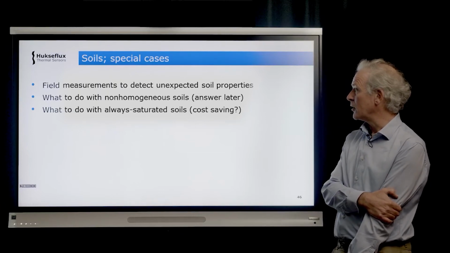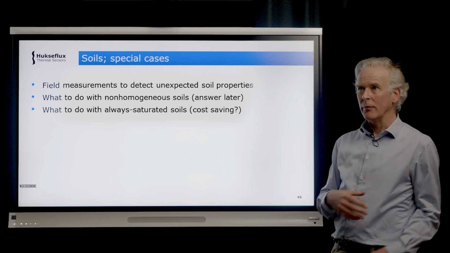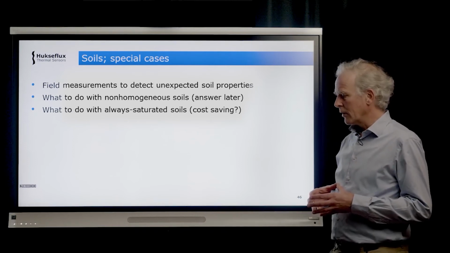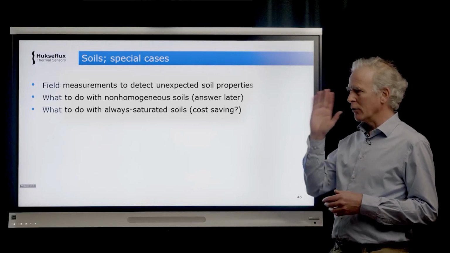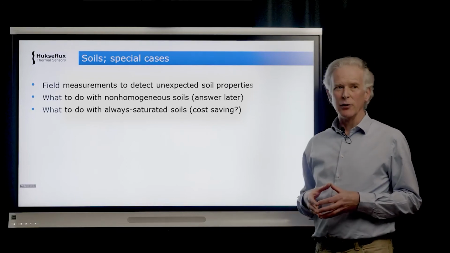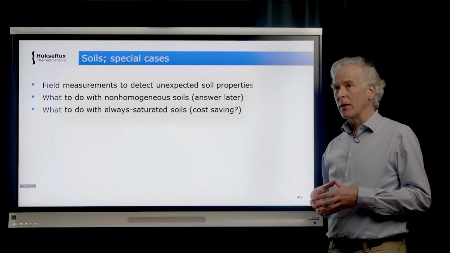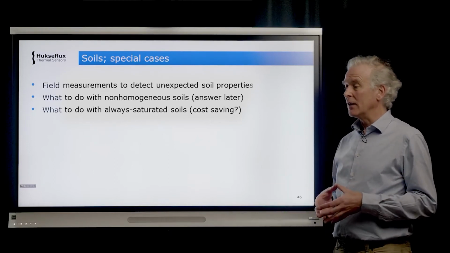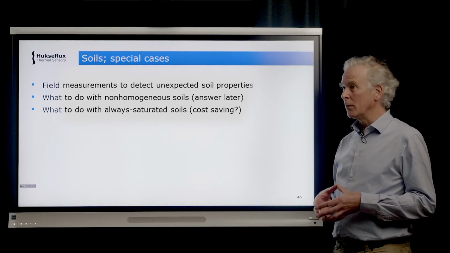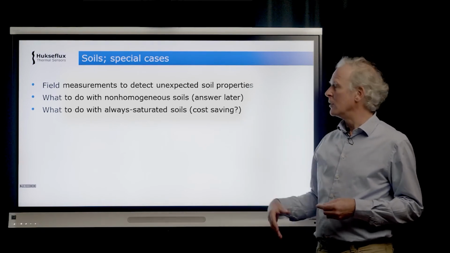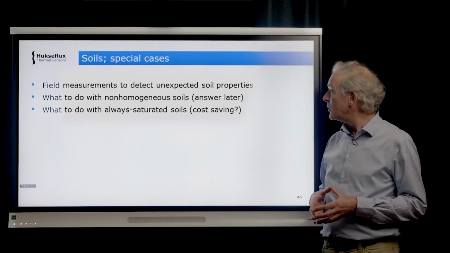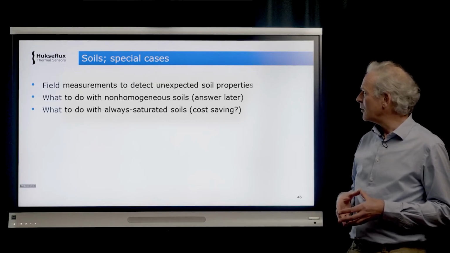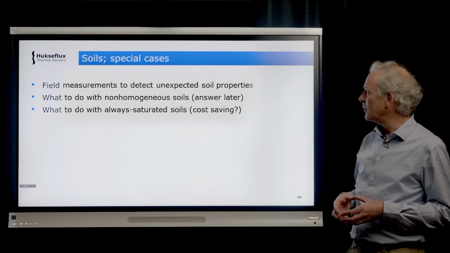So, for example, the survey might be along several kilometers of high voltage cable trajectory, but if there's some change in the properties, by doing regular measurements, you might be able to detect soils that are not behaving as normal.